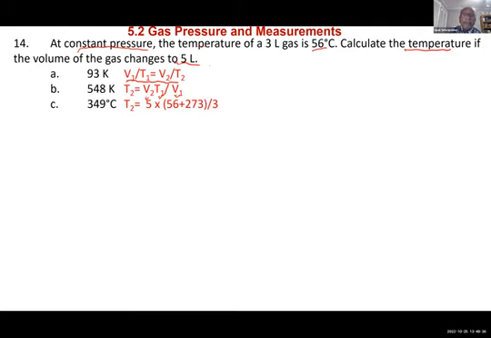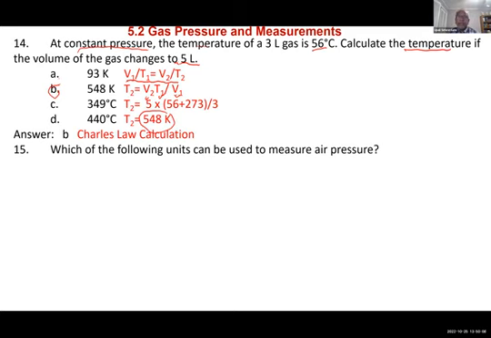Then V1, you start with 3 liters. Then the final temperature is calculated. Final temperature is 548, which is the choice B. It's a Charles law calculation. You find the variables V and T. It is asking for final temperature. You plug in the values, you get the answer. New temperature in Kelvin.